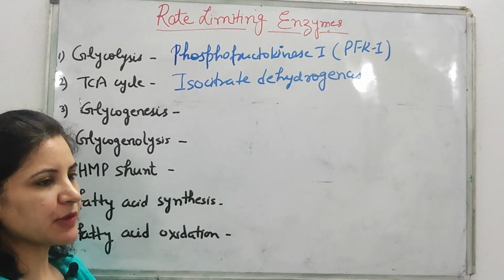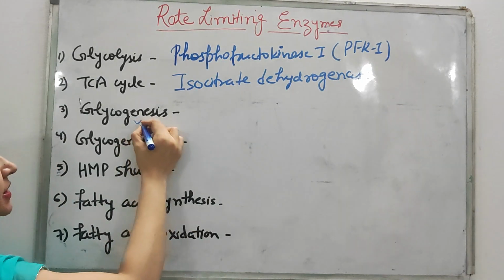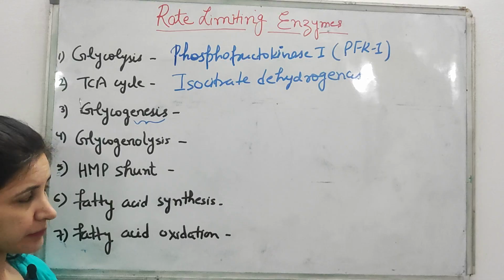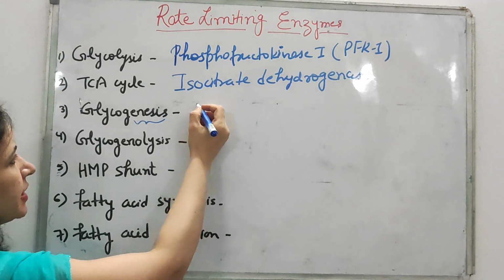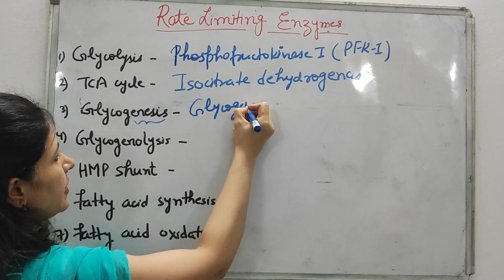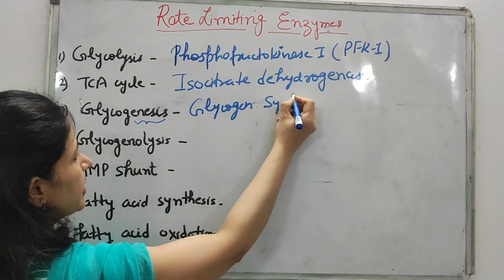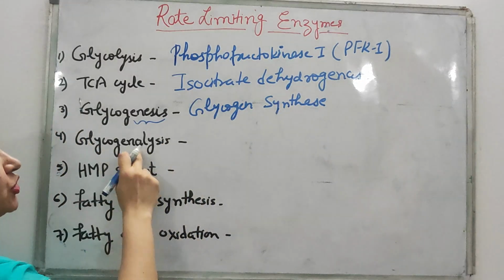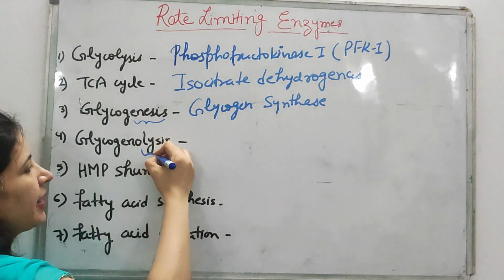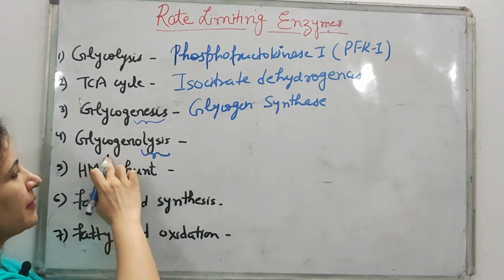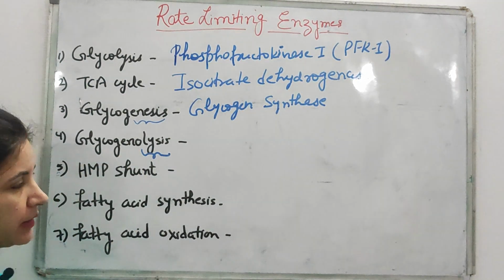And what about glycogenesis? Genesis means synthesis, isn't it? So there is a synthesis of glycogen, and the rate limiting enzyme is glycogen synthase. Next, glycogenolysis. Lysis means breakdown of something, so glycogenolysis means there is a breakdown of glycogen.